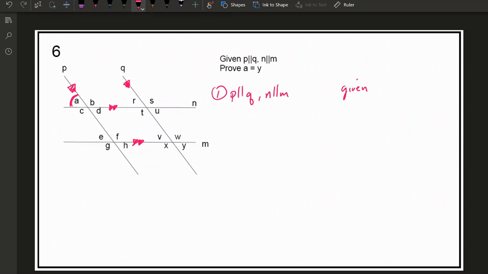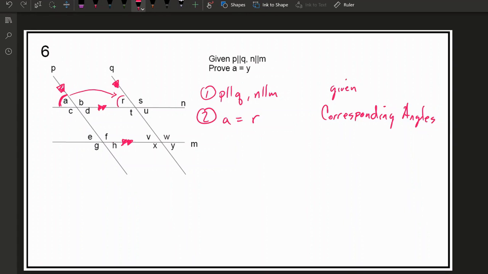The way I would do this is I would say angle A can jump over here to angle R using corresponding angles. So I'd say step 2, angle A is equal to R because of corresponding angles. And now once I'm at R, I can go from R to Y because those are alternate exterior angles.